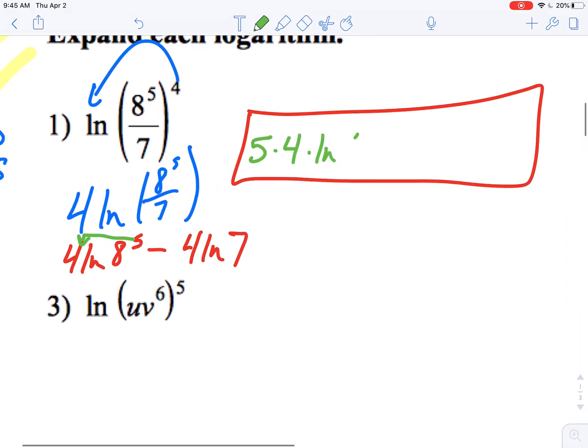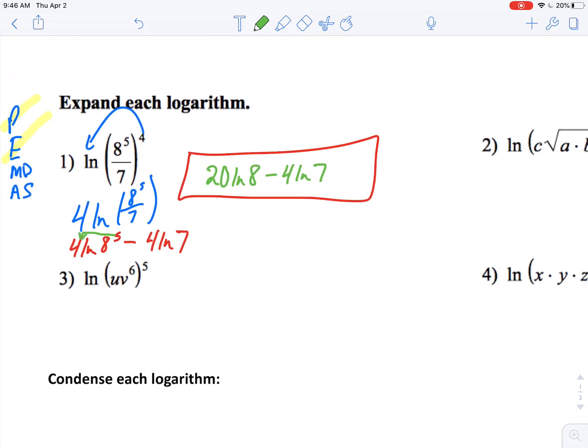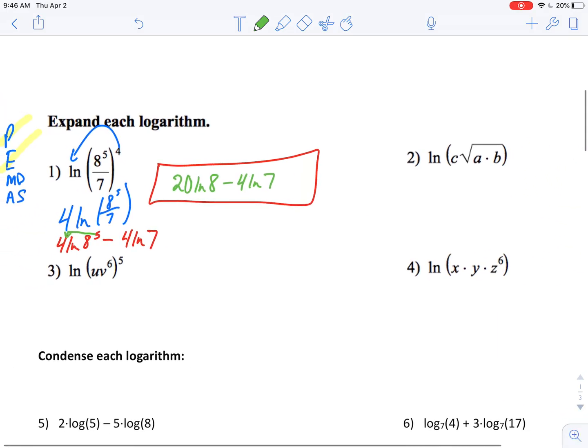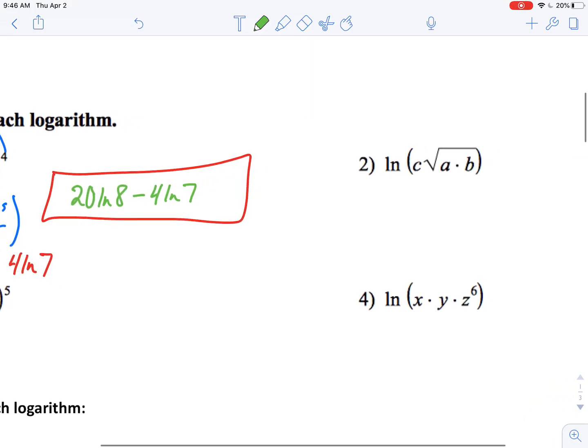So I will bring this exponent out front, and I'll say 5 times 4 times the natural log of 8 minus 4 times the natural log of 7. And I'll simplify this part here. 5 times 4 is 20. So 20 times the natural log of 8 minus 4 times the natural log of 7.